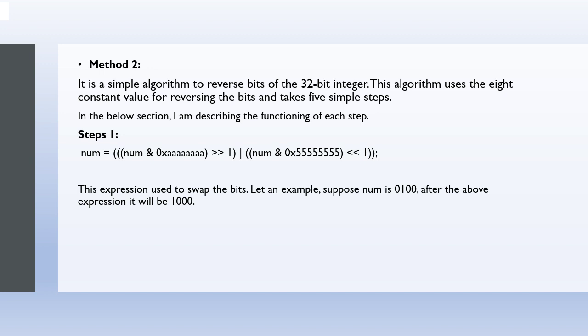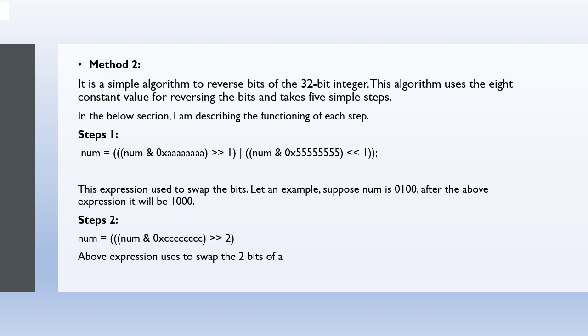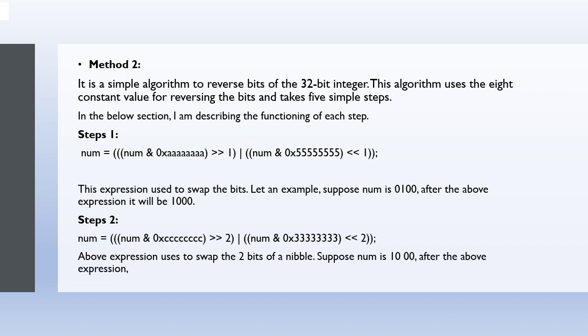Step 2 is num equal to (num AND 0xCCCCCCCC) right shift 2, OR (num AND 0x33333333) left shift 2. The above expression swaps the 2 bits of a nibble.